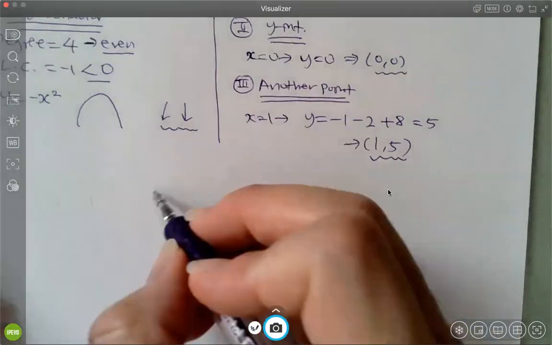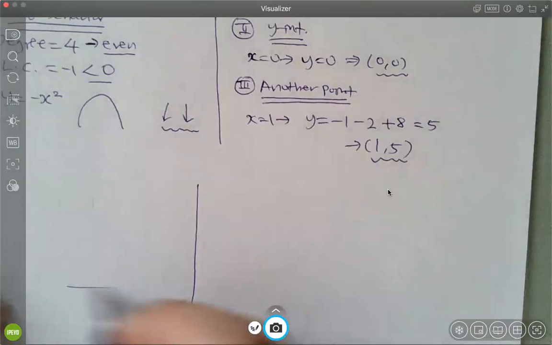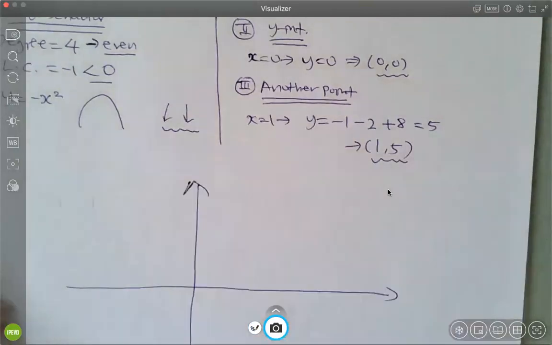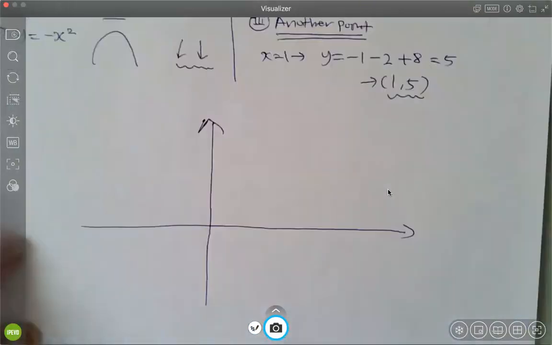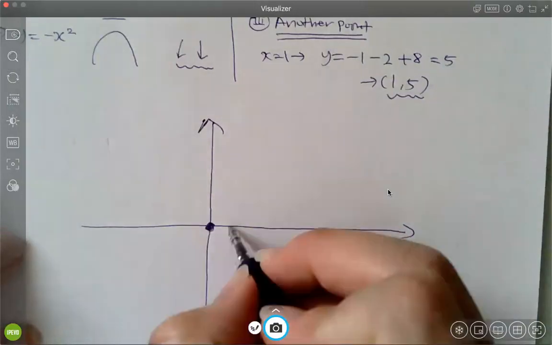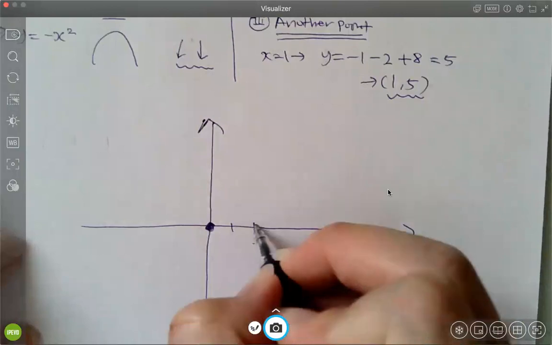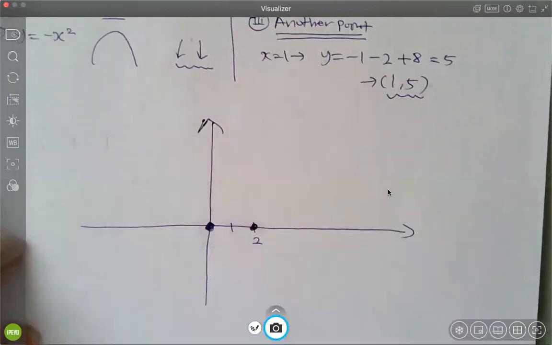Now let's graph. So here is the xy plane. The x-intercepts: (0, 0), another one at (2, 0), and another one at (-4, 0).